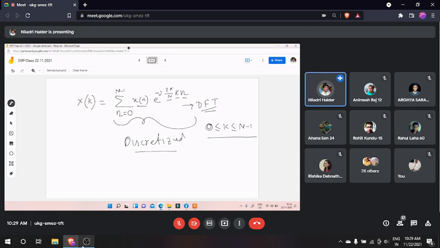So that is the formula to calculate the DFT of a sequence, and keep in mind, whenever you are using that formula, you have to keep in mind that the signal is bounded, periodic, and obviously discrete. Okay, bounded, periodic, discrete. If that is maintained, then you can use DFT, discrete Fourier transform, instead of Z transform.